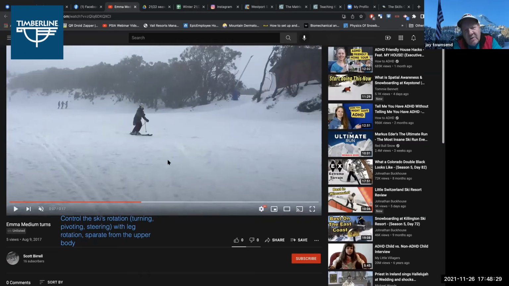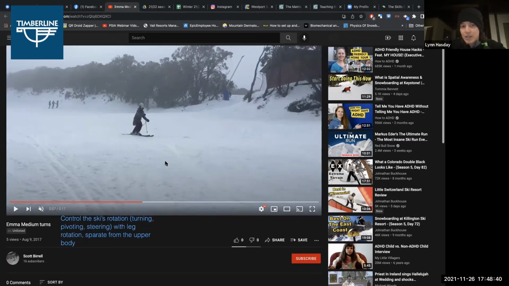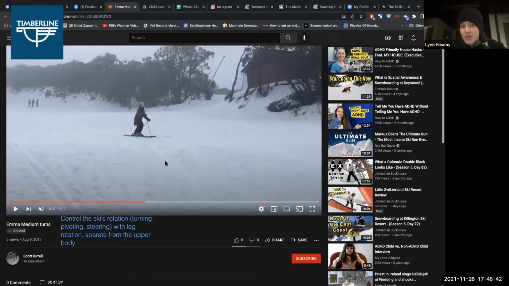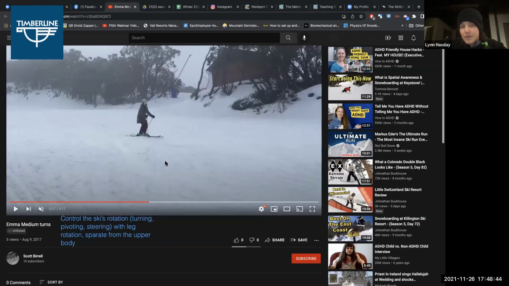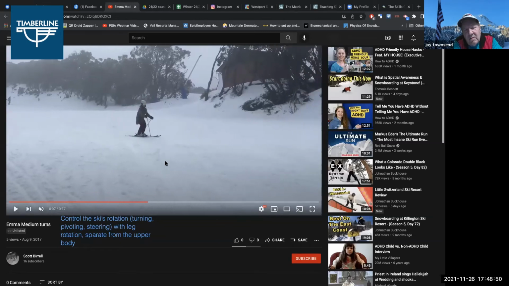So are we talking about their left leg or their right leg? Their right leg. It's rotating externally in the hip socket right there. And you know that because as the skier rises up, their leg slightly rolls out right there.